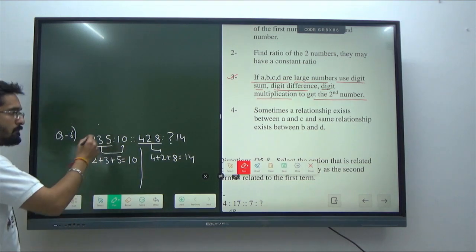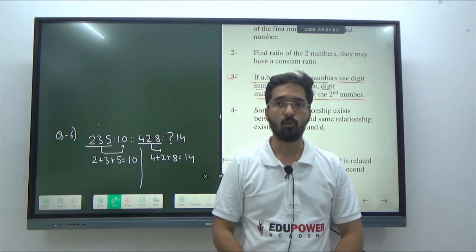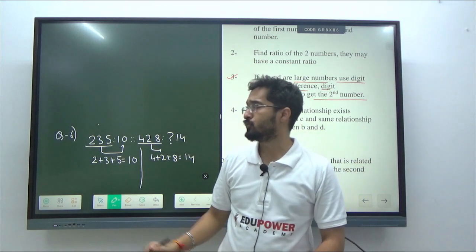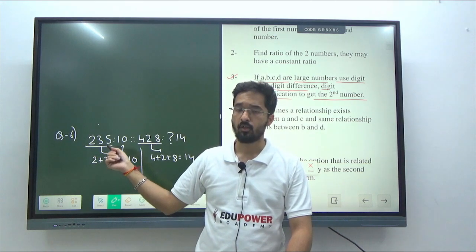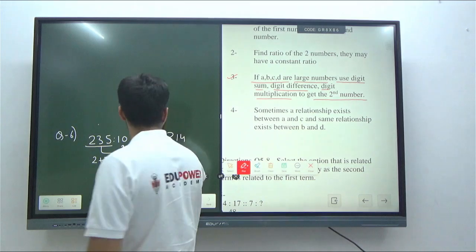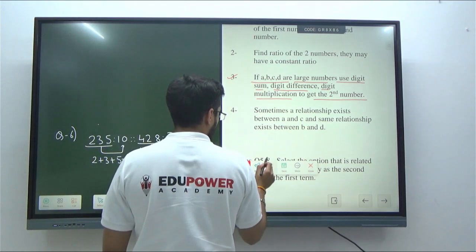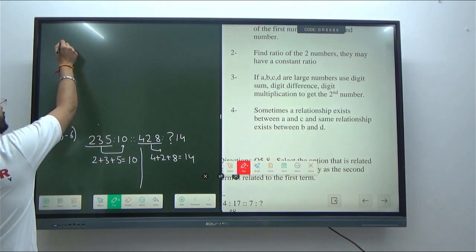Whenever we get large numbers, we will usually use the approach of digit sum, digit product, digit difference and so on to get to our answer. Okay, so let's solve one more question based on this.